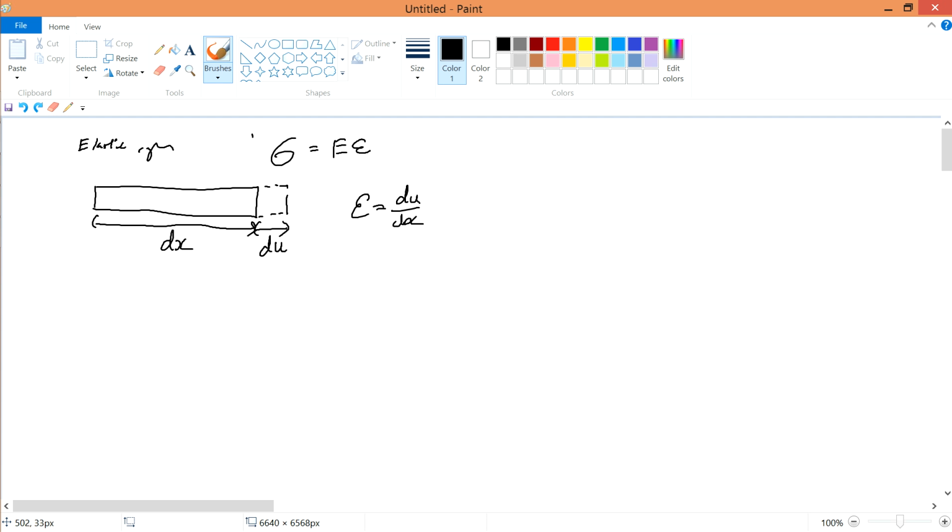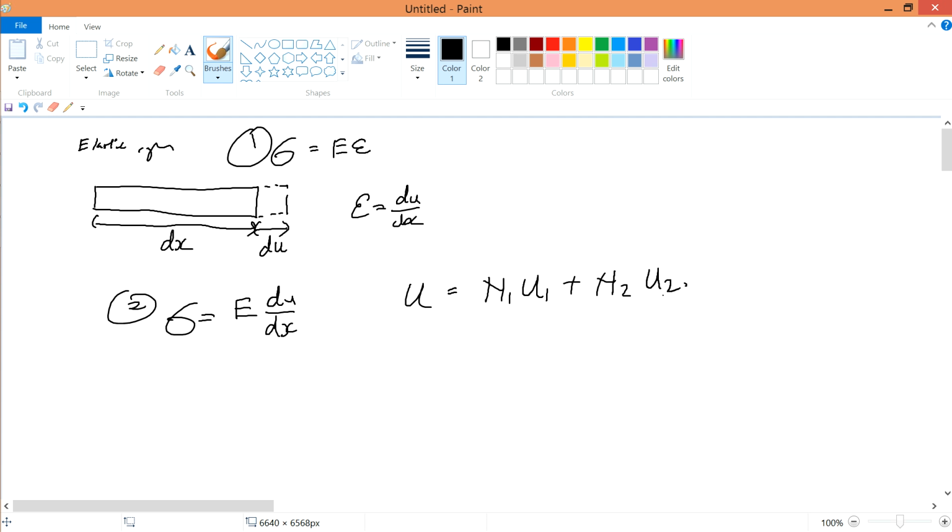So this is the first step. The second step: stress is equal to E du/dx. And from the previous video, if you still remember, u is equal to N1 u1 plus N2 u2. So in such a case, the whole overall displacement is in terms of N1 u1 plus N2 u2.